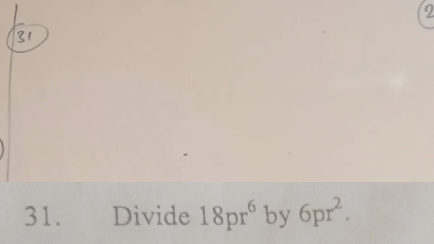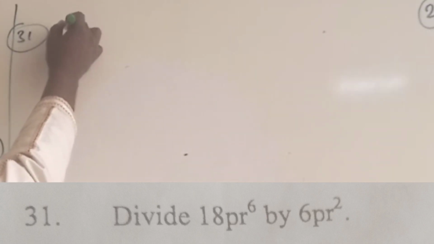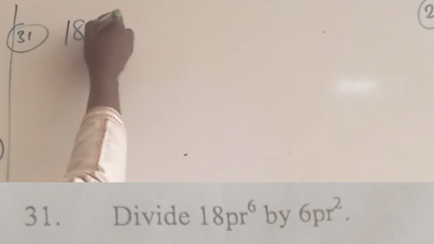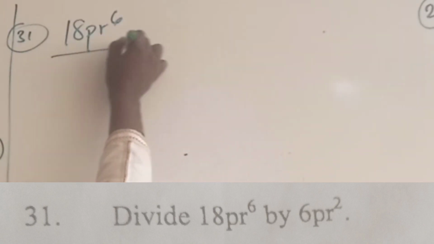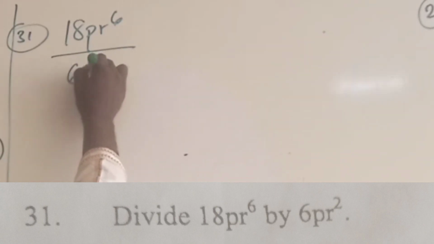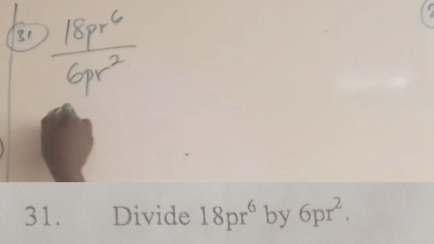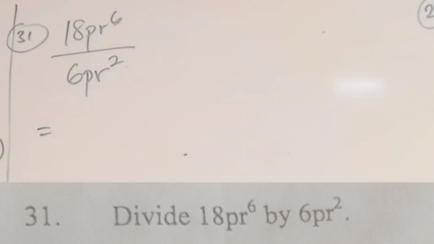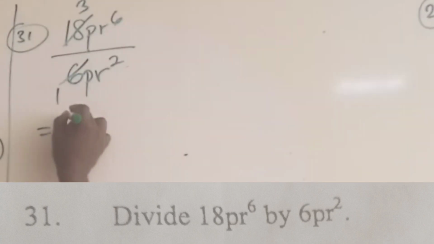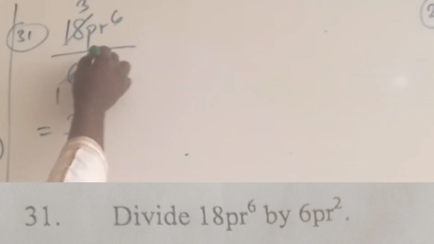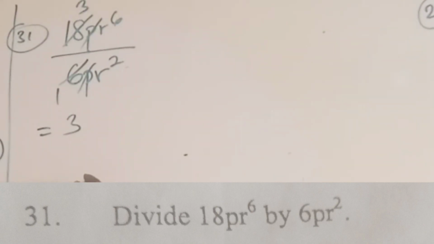31. Divide 18P raised by 6 by 6P raised by 2. So the first, let's deal with the number first. 6 here 1, 6 here what? 3. We have 3. Then P, we cancel what? P. Right?